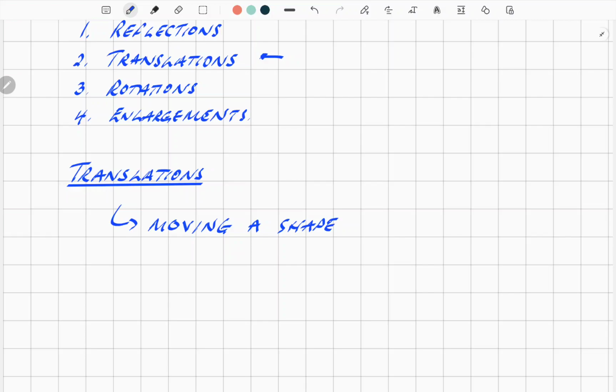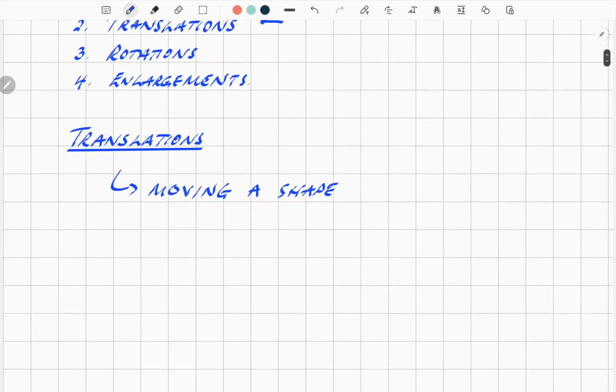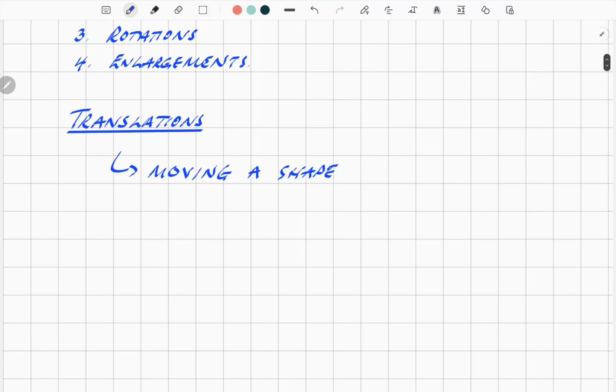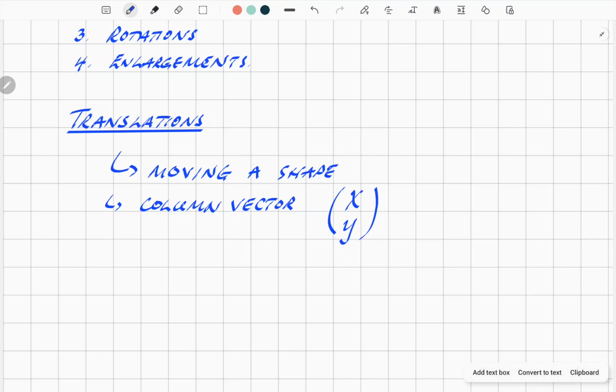okay? Now, in order to know how we're going to move something, in what direction and how far, all right, we use a column vector. I'll explain what that means. It's in the form x, y like that. It's always given in a column, not across, but up and down, right?